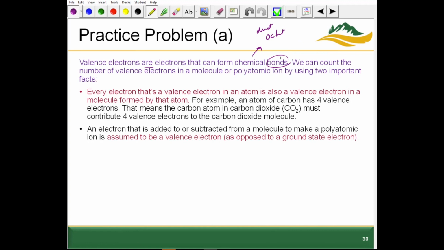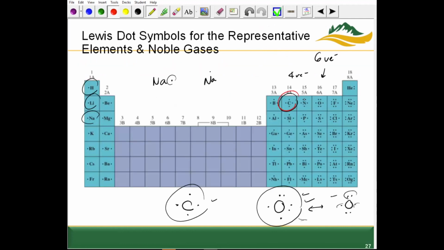We can count the number of valence electrons in a molecule or polyatomic ion by keeping these guidelines in mind. The first is that every electron that's a valence electron in an atom is also a valence electron in a molecule or ion formed by that atom. So for instance, an atom of carbon has 4 valence electrons because of its placement on the periodic table. Here's carbon in group 4A.